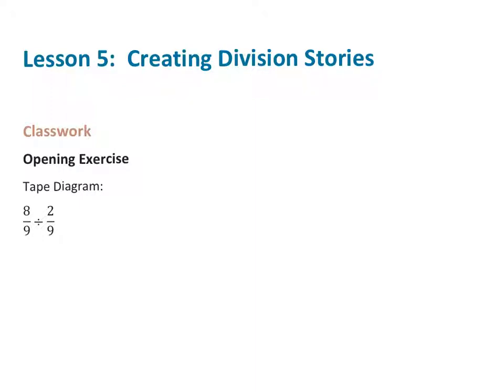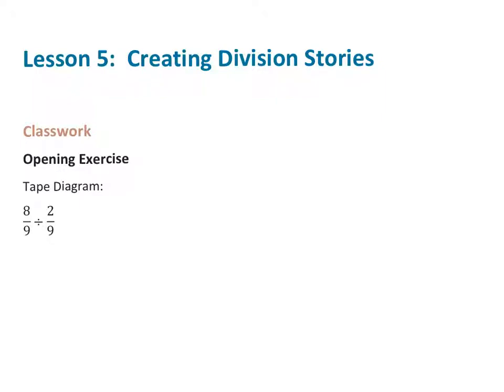Now, in writing a story, there's kind of 5 main steps, and the first one is to decide on an interpretation. So what do the numbers mean? Am I taking 8/9 and putting them into groups of 2/9, or am I taking 8/9 and breaking it up into groups? And with it being 2/9, it's kind of hard to do that second one. So I'm going to do number 1.